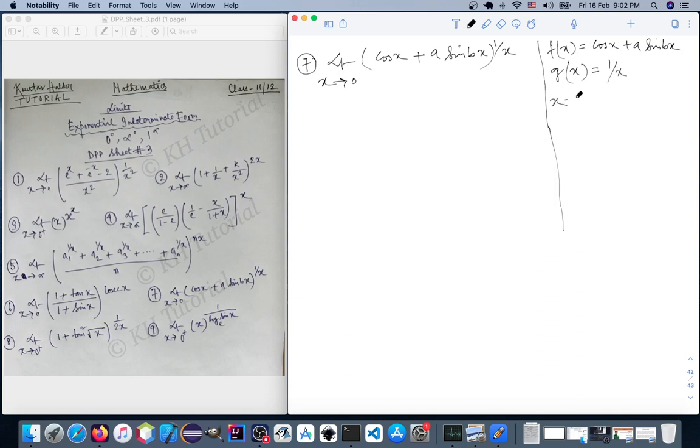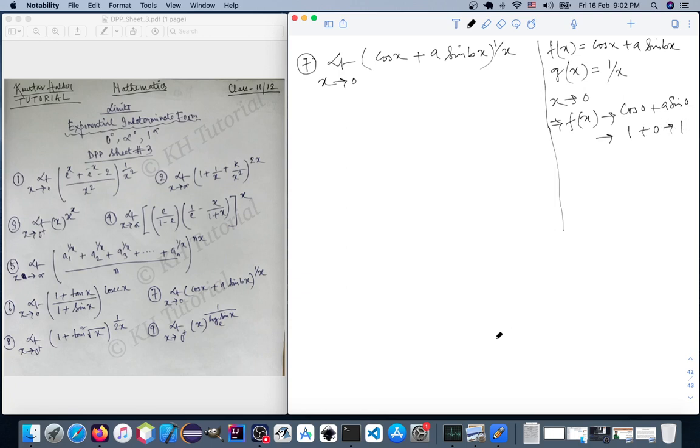When x tends to 0, fx tends to cos 0 plus a sin 0, tending to 1 plus 0.